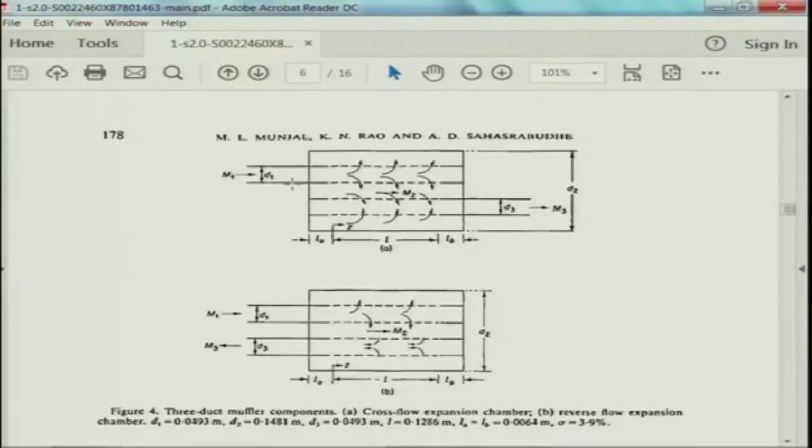This is called a cross flow configuration because the flow comes here, crosses over, and goes through this pipe.